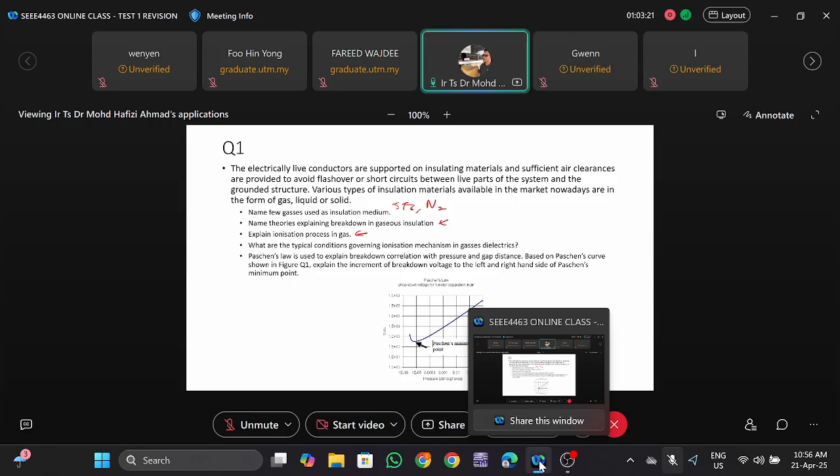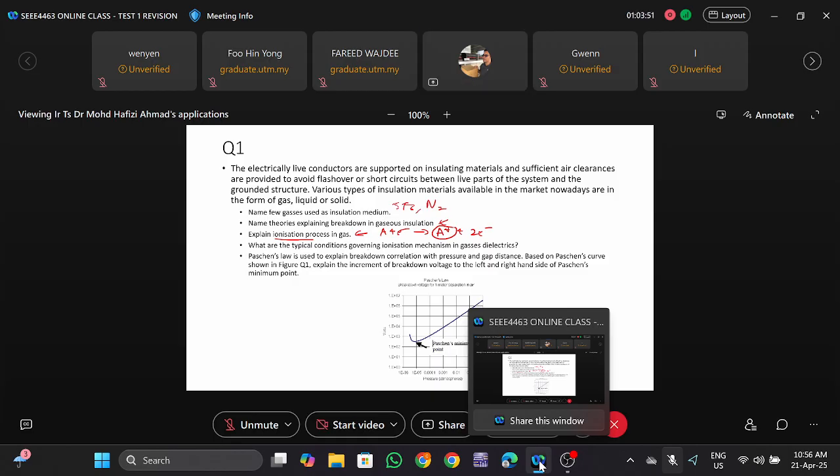So you might say that when we have multiplications of electrons, and then leaving the atoms become positive ions. Okay, all right. So this is what we might say that the ionization process is ionize the gas, the gas atoms.